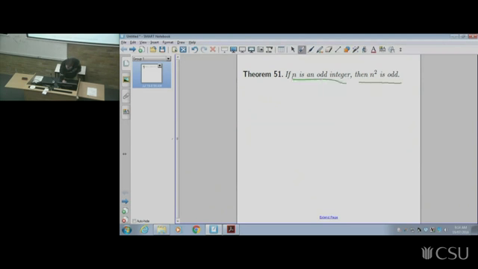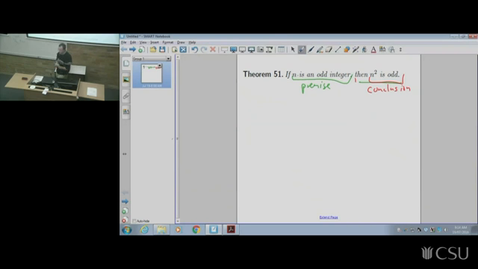So that's the premise. So the premise we have is we have an odd integer. That's what we're starting from. That's the starting point, the premise, and the conclusion is that n squared is then odd. So that's the premise, conclusion. So premise is where you're starting from, conclusion where you're heading towards.